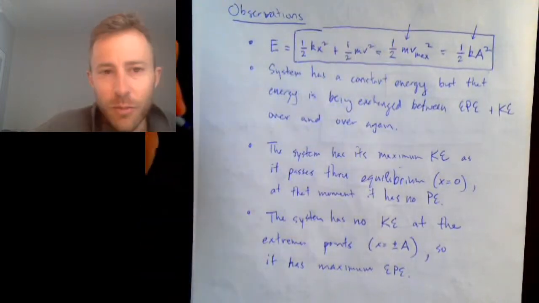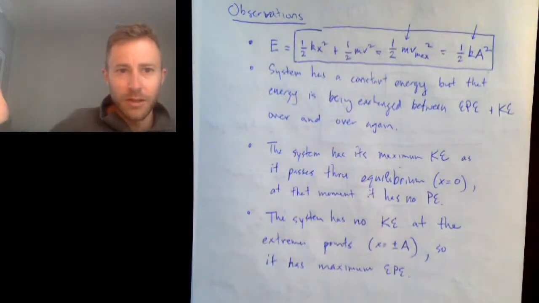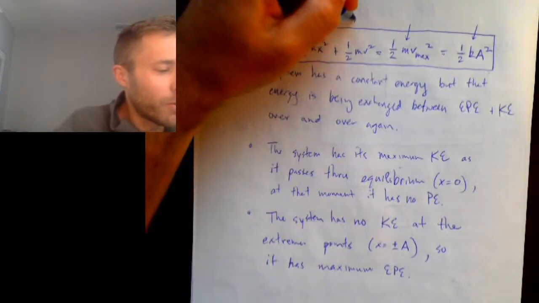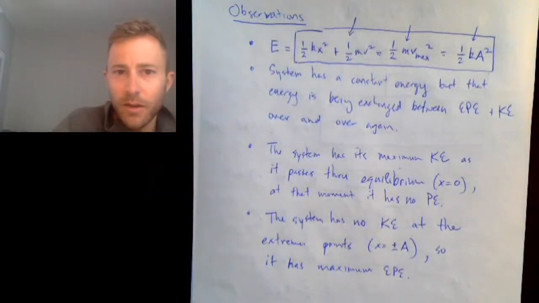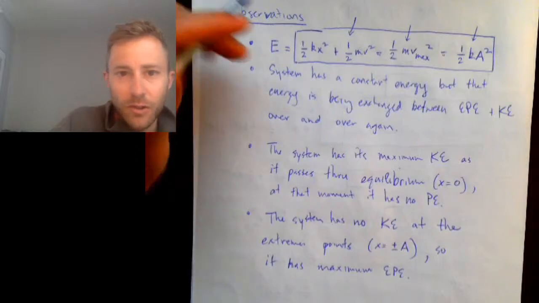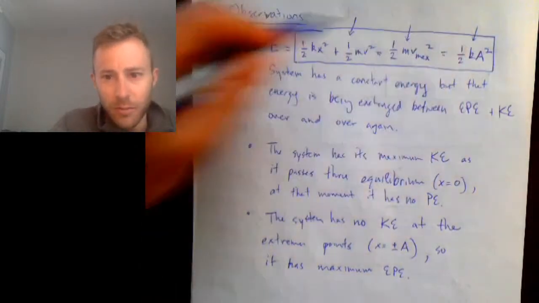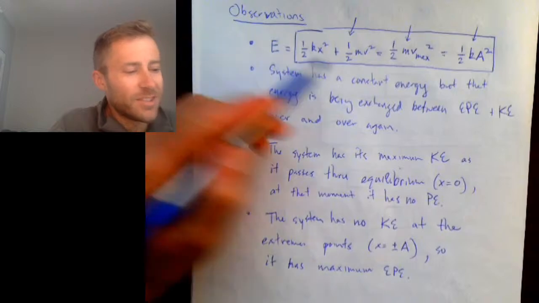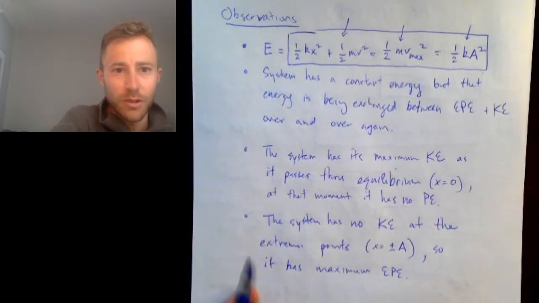And if you're somewhere in between the equilibrium and an extreme point, you have both forms of energy. But because energy is conserved, all three of these are going to be equal to each other. You could set any two of them equal to each other that you want.